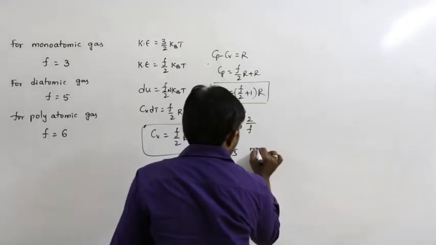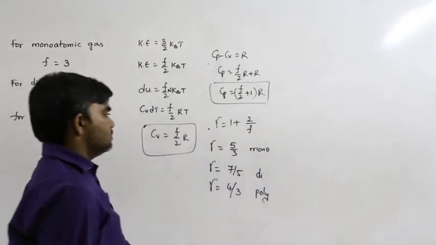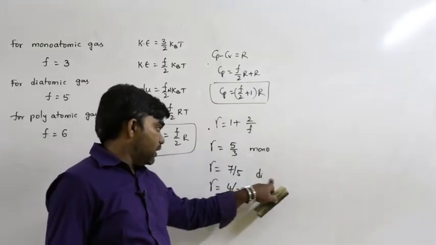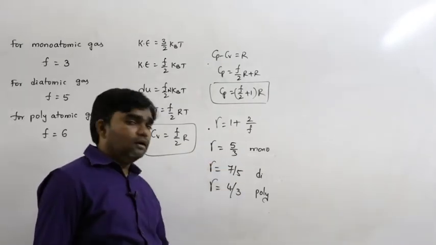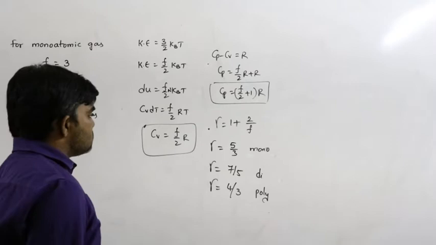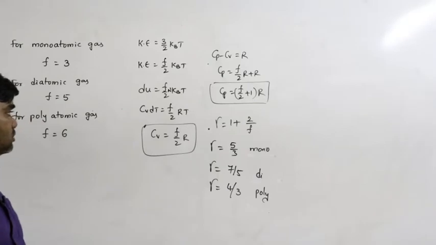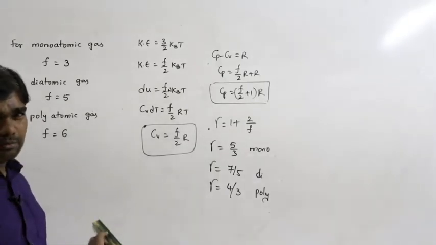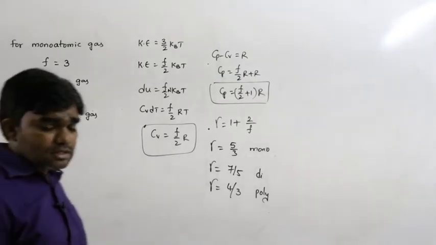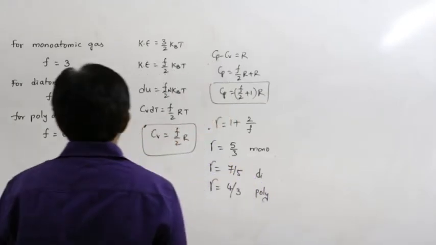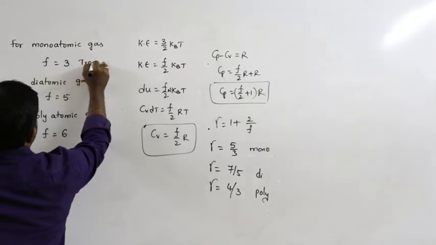So these are the values of gamma: 5 by 3, 7 by 5 and 4 by 3, for monoatomic, diatomic and polyatomic gas. We already discussed this in thermodynamics. But here the concept is, for monoatomic gas, F equals 3, only translational degrees of freedom.